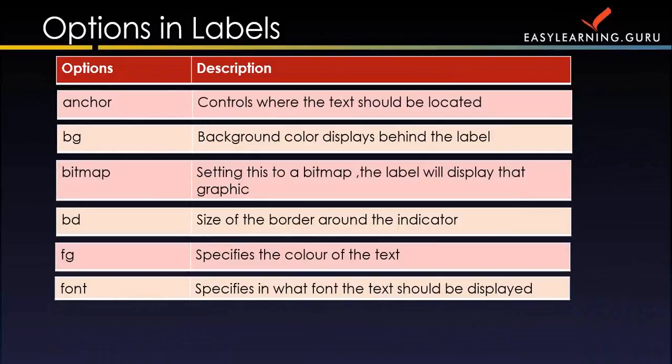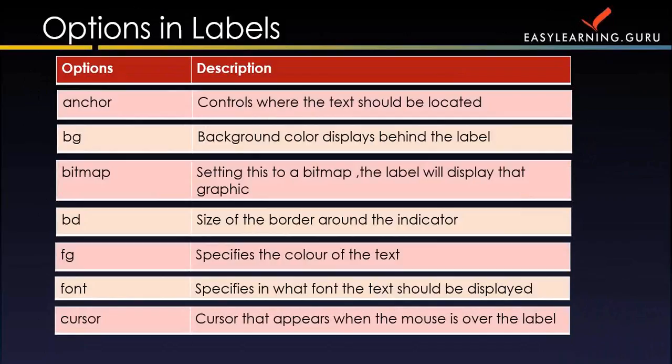If you are displaying text in the label with your text option, then the font option specifies in which font that text is to be displayed. This option defines the font to be used in the label. The label can only contain text in a single font. The default is system specific. Next we have cursor.